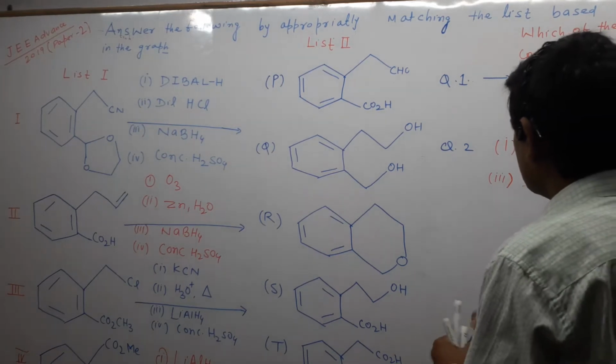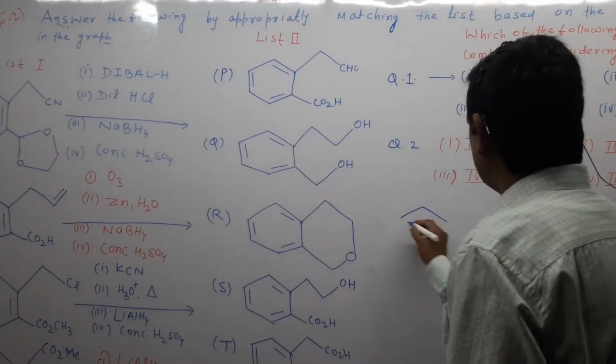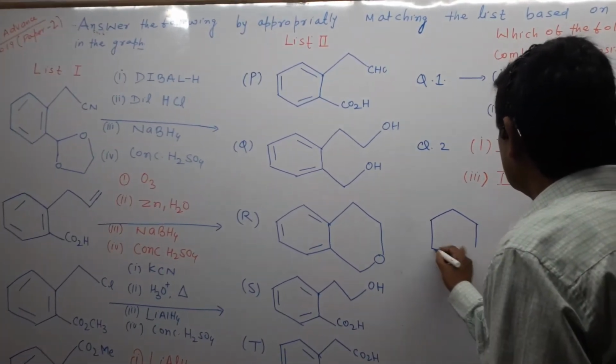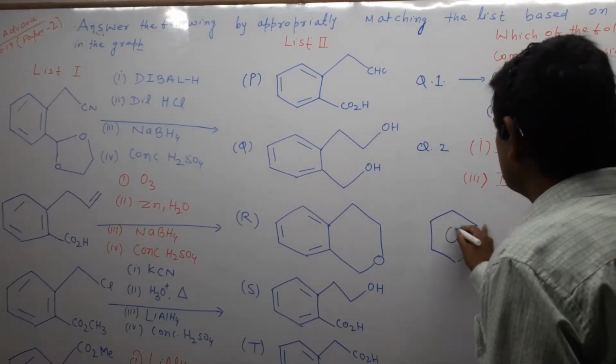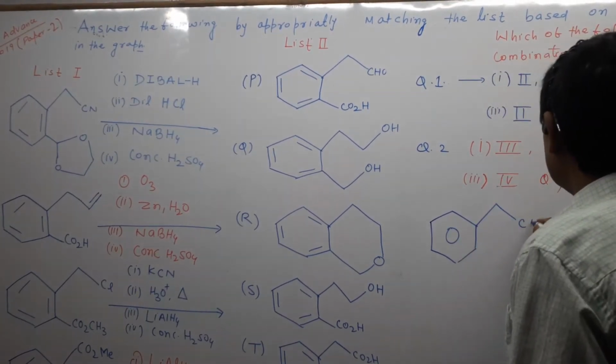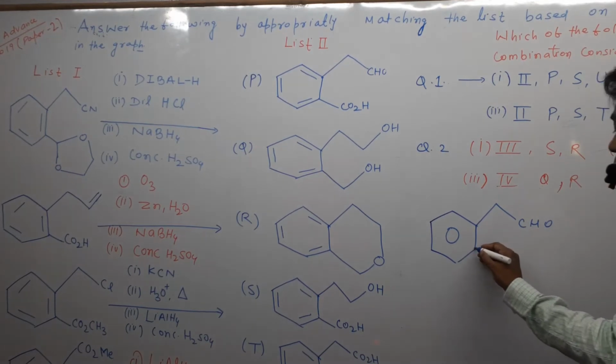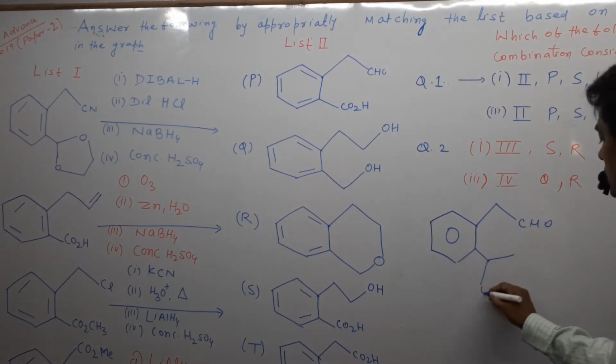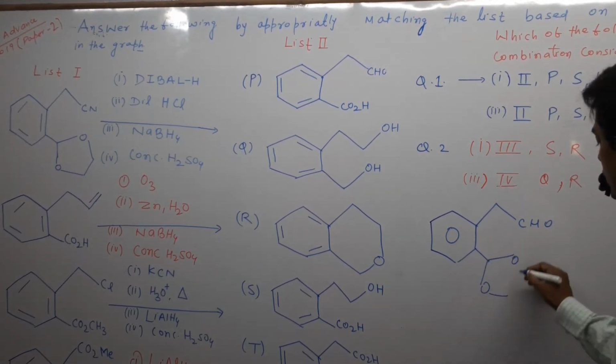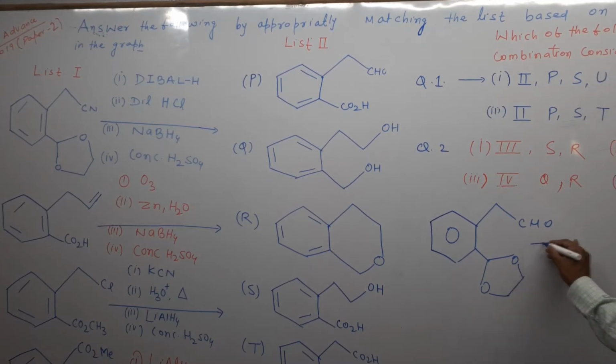Okay, so I'm writing here the first compound from DIBAL-H, which will be like this. So this is the aldehyde, and there is no effect on this group. Now these are going to react with dilute HCl. So what will dilute HCl do?